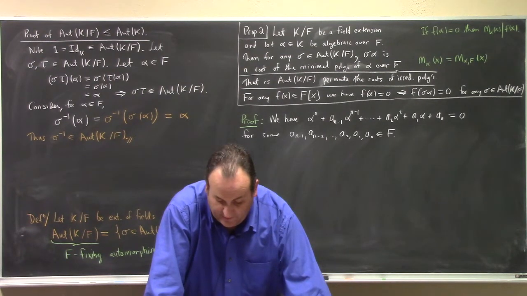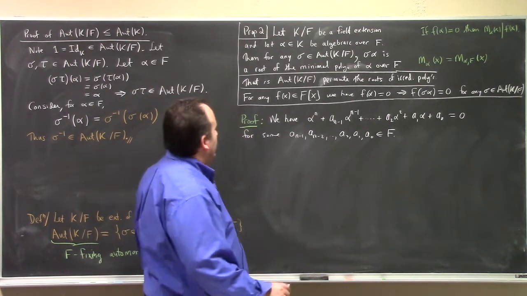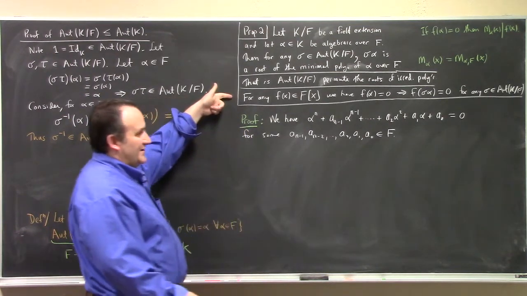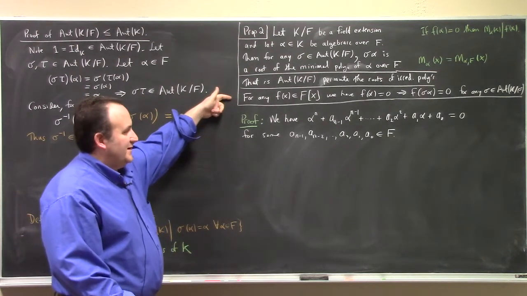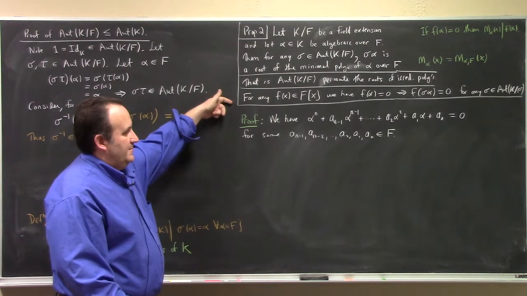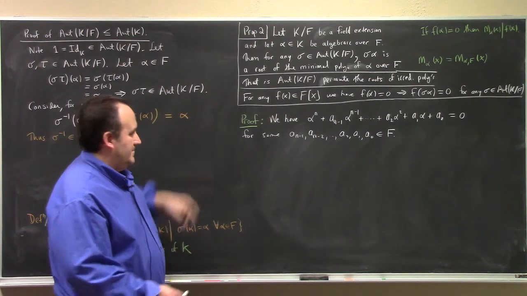Okay, so at the moment, what's he doing? I think he's actually picking on the last sentence first, right? So we're letting f of x be the polynomial that alpha solves, that takes root 0.